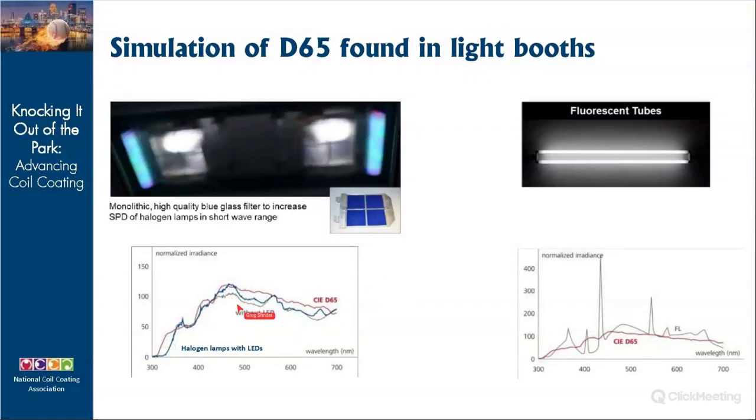You can see how close these curves are here. If you add in a bank of LEDs, you can get even better and go from a class B to a class A light source. Fluorescent tubes can also be used, but again, you can see the spikes here. So they're going to be close to D65, but they're not going to be as accurate.